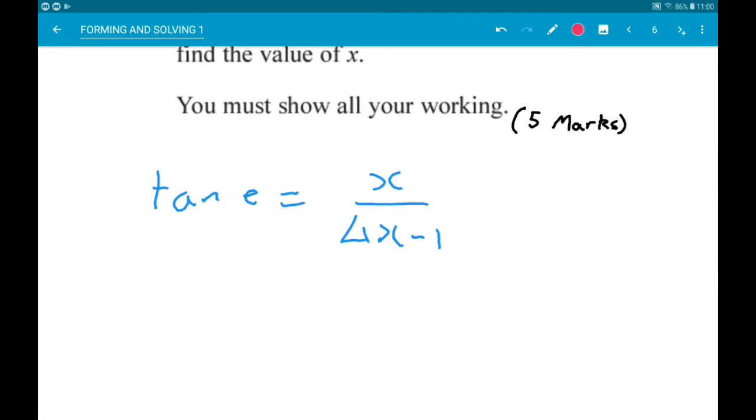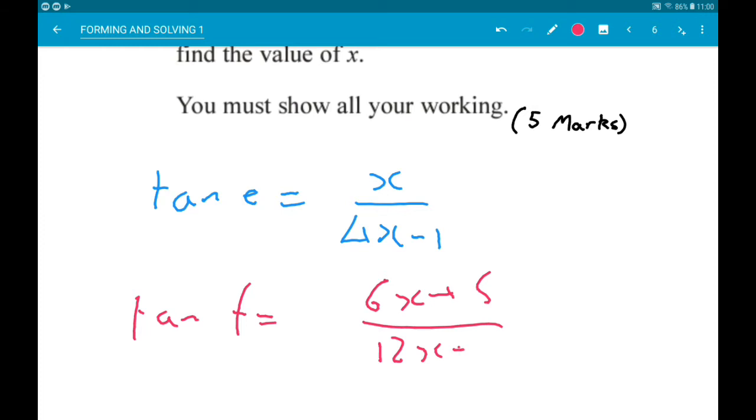So, tan of f is 6x add 5 over 12x add 31. Now, because we know tan E is equal to tan F, that means these two fractions are equal to each other. Yay!